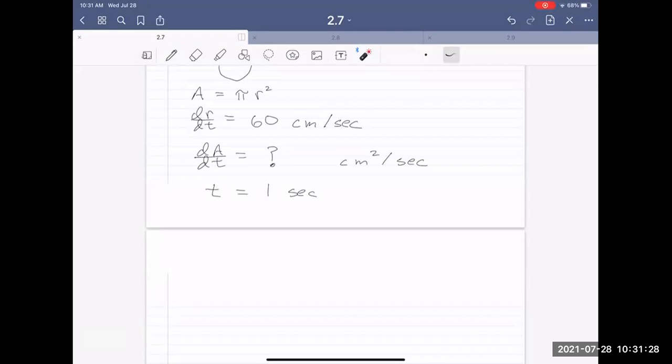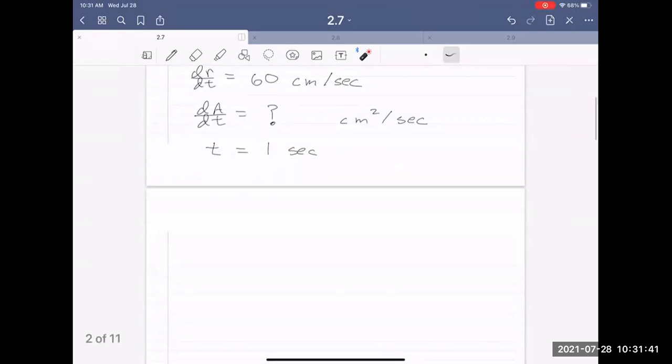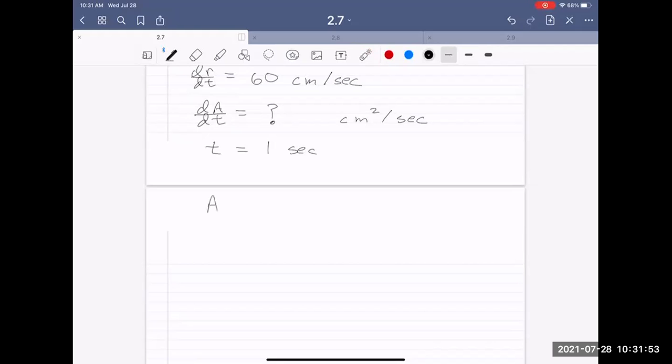Once you've done this, you're really almost done. I have here a formula, and I have these quantities. I want to figure this out, so take the derivative. We can take the derivative using the chain rule, using implicit differentiation. I have that A is pi r squared.